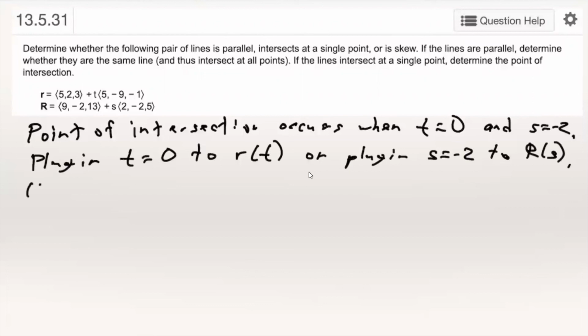No matter which one we do, we'll get the same point either way, since it's a point of intersection after all.